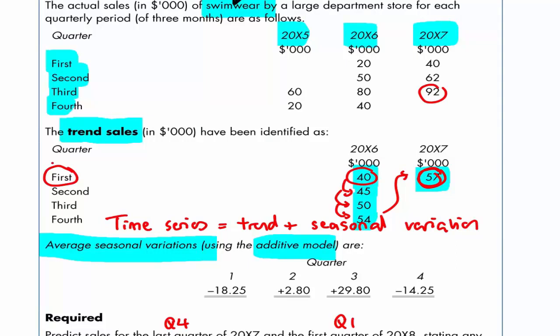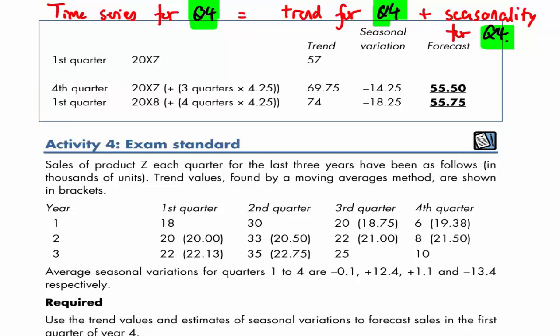So when I take that 57, I have to recognise that it's for the first quarter, and if I'm trying to forecast the trend for the fourth quarter, then I've got to put in quarter 2, quarter 3, quarter 4, 3 quarters of growth at the trend growth of 4.25 per quarter. So 3 times 4.25 is 12.75, and 12.75 on top of the trend gives 69.75.